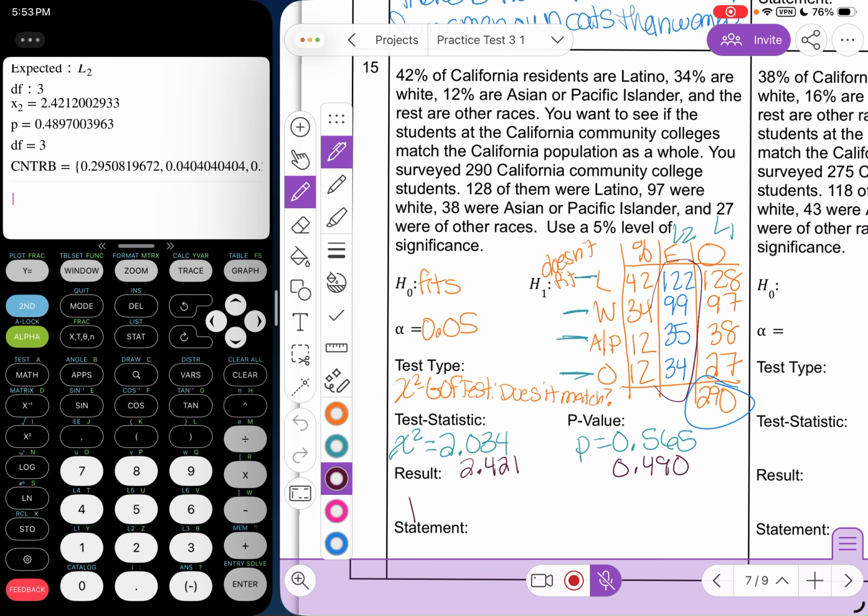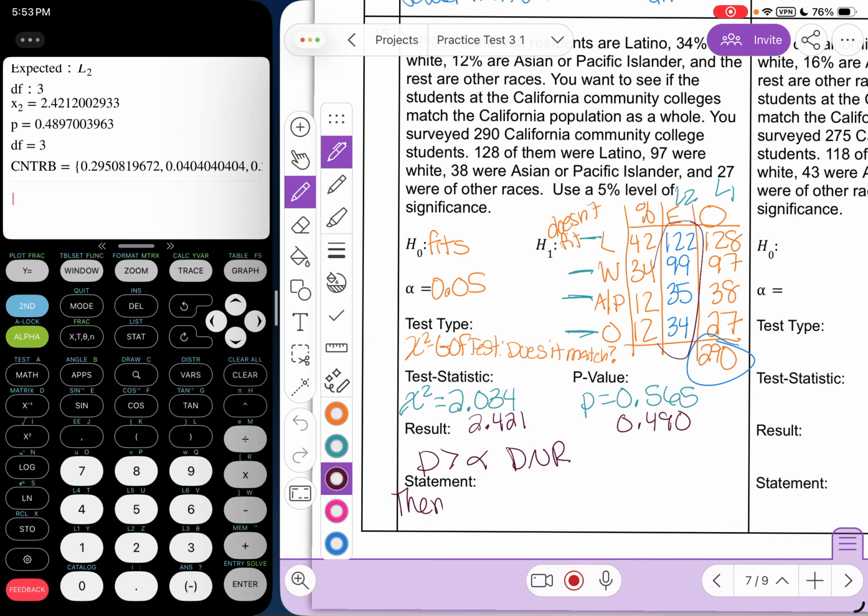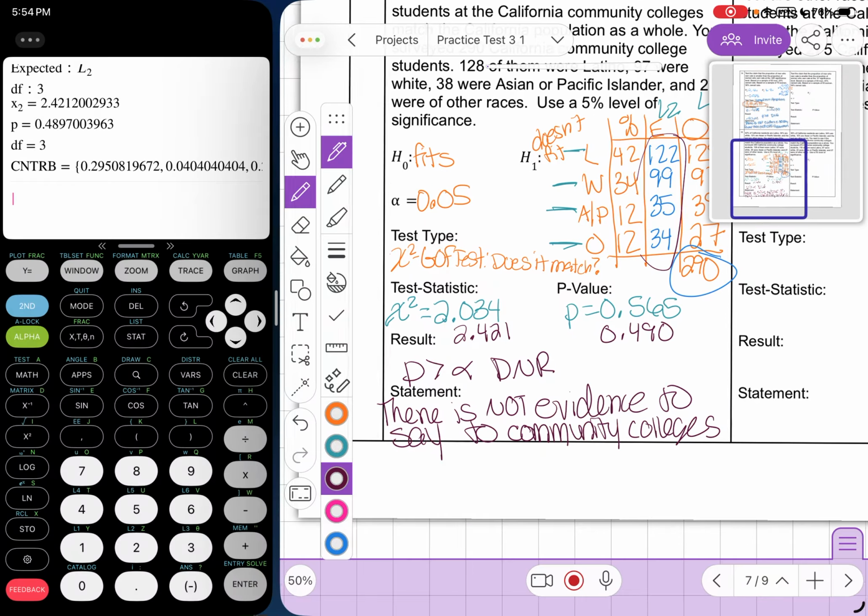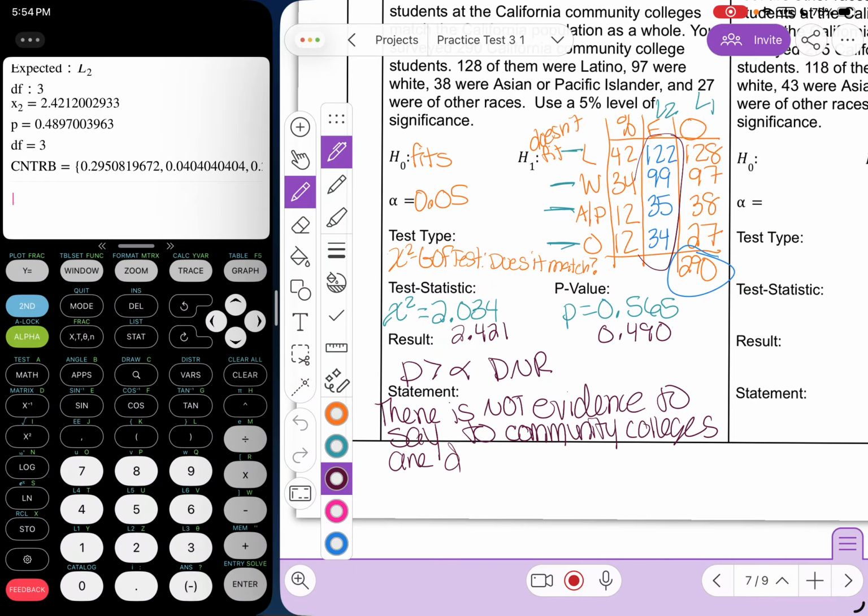Either way, the result is that P is greater than alpha, so you do not reject, which means there is not evidence to say the community colleges are different from the state as a whole.